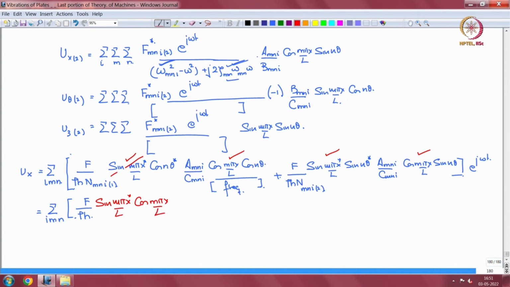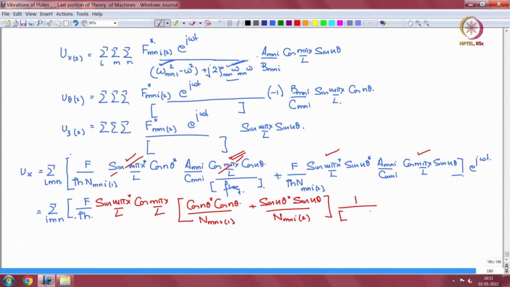So we have sin m pi x star by L, this is used up, then cos m pi x by L, this is used up, and inside I have cos n theta star cos n theta divided by N m n I 1, plus sin n theta star sin n theta divided by N m n I 2, and the frequency term, harmonic.